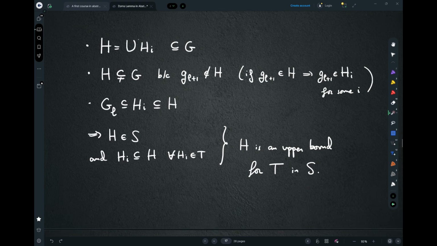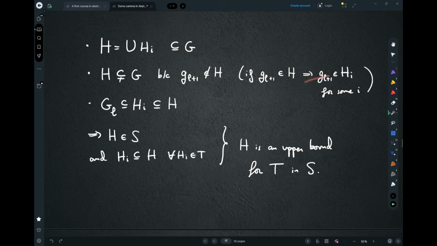Now, take that H, so we have a subgroup. H itself cannot be all of G because G_{L+1} cannot be in H. If G_{L+1} was in H, then it has to be in one of the H_i. But the H_i in S are defined so that this is not happening.